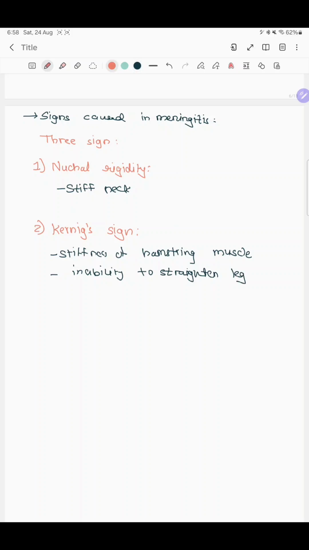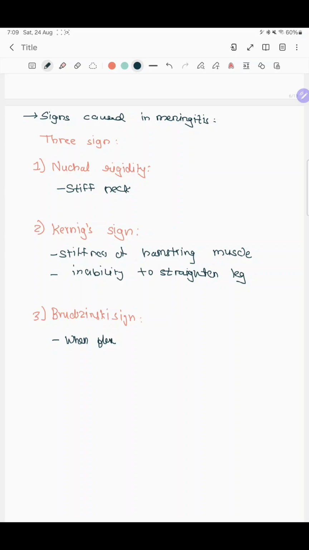Okay, and the next sign is going to be Brudzinski sign. When the neck is passively flexed, it causes the flexion of the hip and the knees. So what is Brudzinski sign?